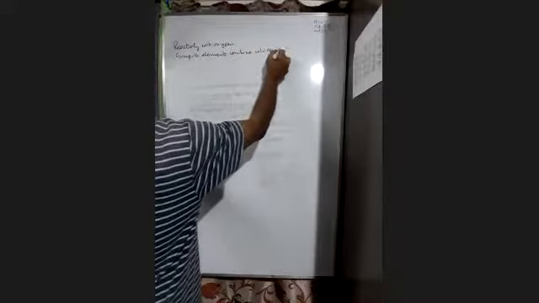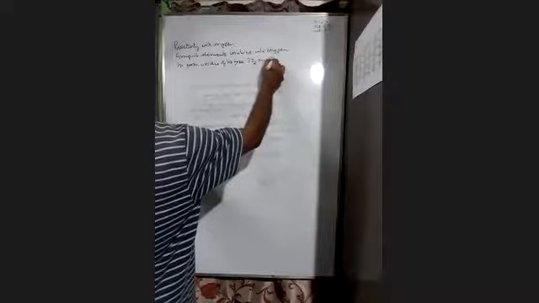Now we'll go towards the reactivity of oxygen. Group 16 elements combine with oxygen to form oxides of the type EO2 and EO3.